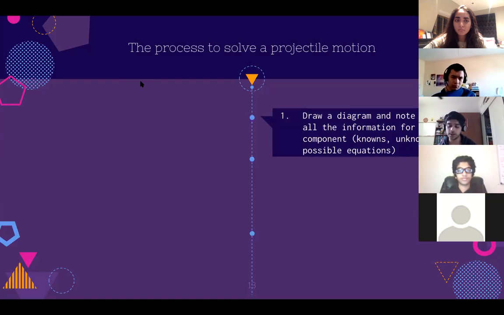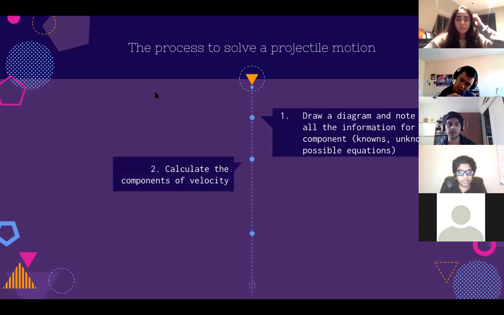And if you're trying to find the time, you can say t equals question mark. That'll help you organize your thoughts. You can also write down possible equations. You've learned 3 kinematic equations so far. Usually you'll be using one, maybe 2 of them to solve a particular problem, so depending on what you're given, you can choose the appropriate equation.